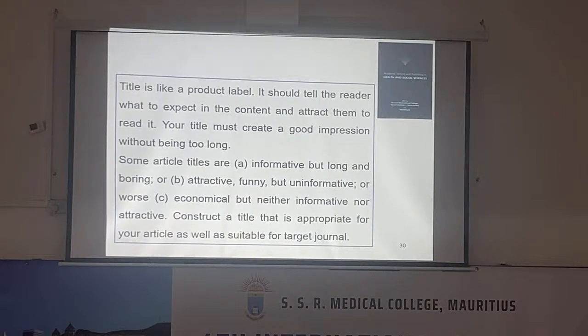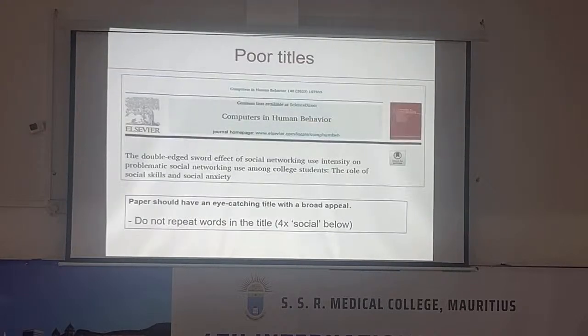That has the context, Mauritius, the method, a quantitative survey, and the topic and population, physical activity among the young population. Try to be simple. Don't repeat words. In this example there is a nice title, but you can see the word social is used 4 times.